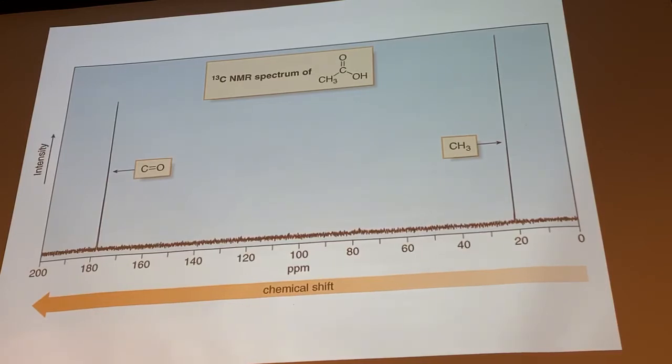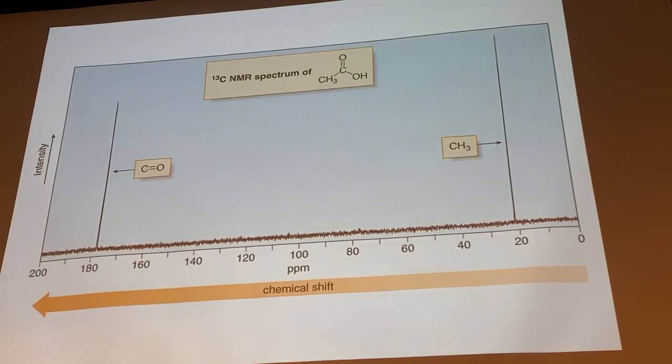First, let's discuss some of the differences between C13 NMR and proton NMR. The first thing we notice when we look at that spectrum is that it has a wider chemical shift range. The range goes from about 220 ppm at the upfield end.